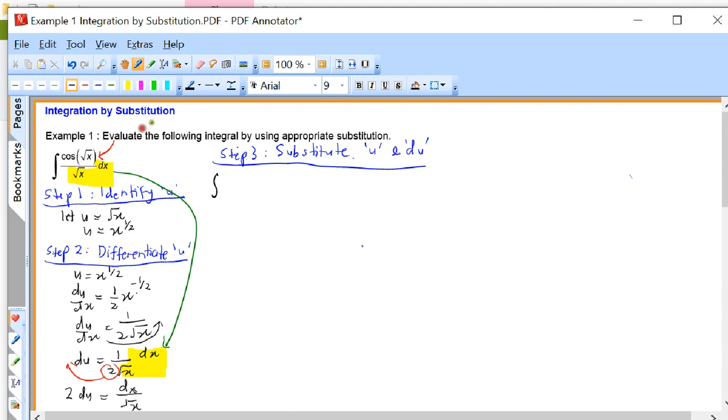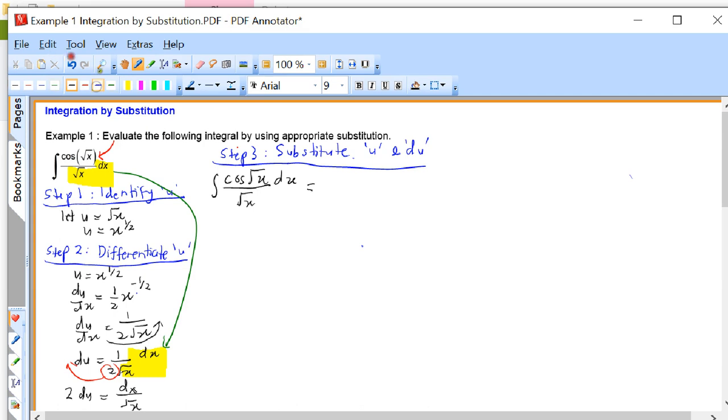So we have the original function, integrate cos square root of x over square root of x dx. When we apply integration by substitution, it means that you're going to change the function from x and dx to u and du.